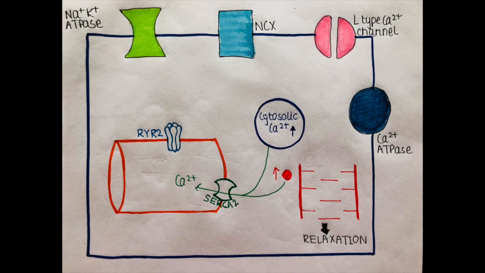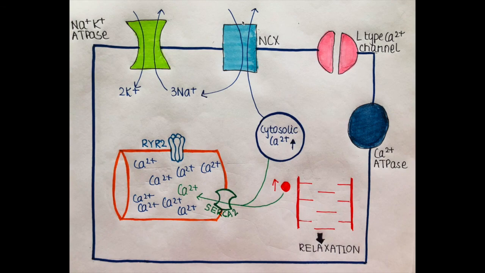It will move out through the sodium calcium exchanger and through calcium ATPase, but the movement of calcium through calcium ATPase is not really that significant. So, two major ways cytosolic calcium levels will come back to normal are that they move into the reticulum via SERCA and they move out through the sodium calcium exchanger, as we can see here.